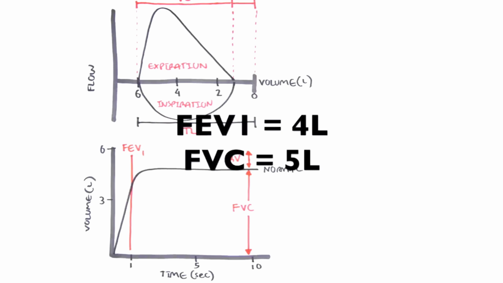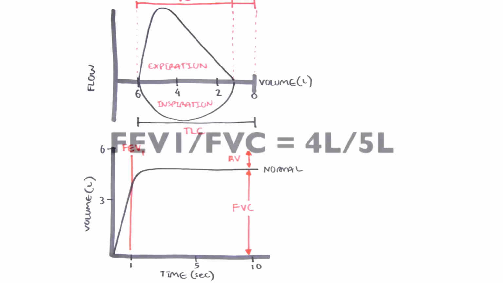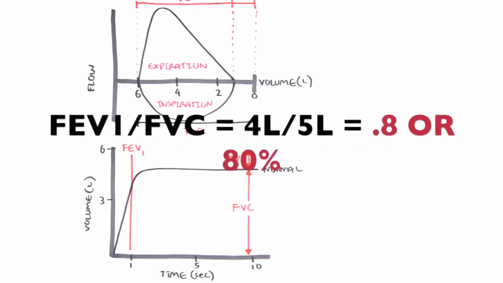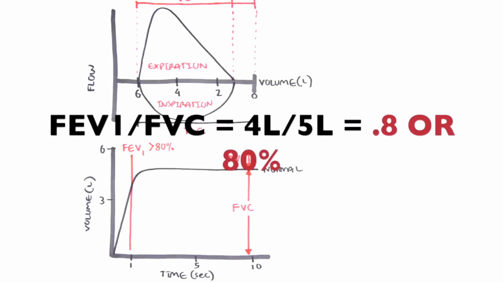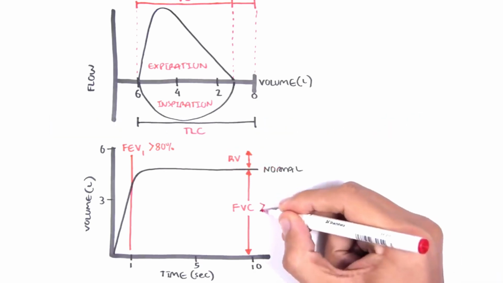So from the graph, the forced expiratory volume in the first second, FEV1, to the forced vital capacity, FVC, ratio can be calculated. 4 liters divided by 5 liters, which is 0.8 or 80%. And again, this is normal.